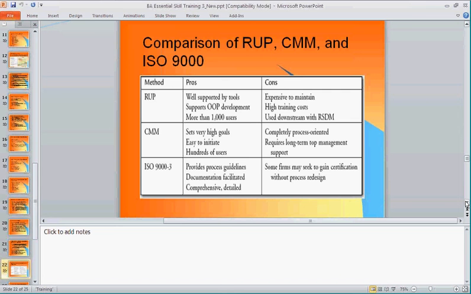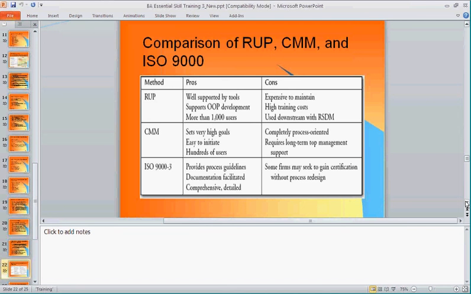It is iterative process. It has lots of tools. Do we have any tools for CMM and ISO to improve the processes? No, right? RUP is very expensive because of all the iterations.